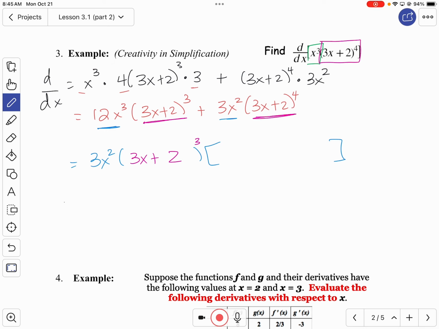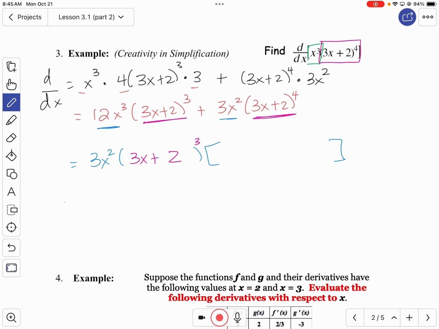So now when we simplify, let's talk about what would be left. 12x cubed, if I took away a 3x squared, what would it leave me with? A 4x. A 3x plus 2 cubed, but I took the whole thing, so that goes totally away. On the next term, 3x squared, but I pulled out the 3x squared.